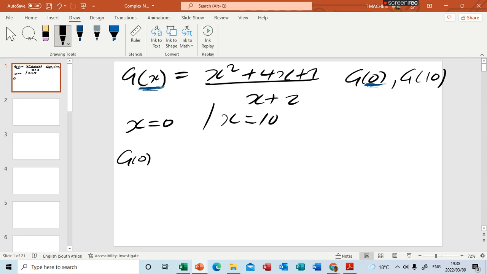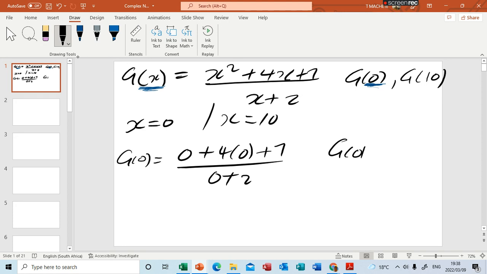So you're going to say g of 0 is equal to 0 squared plus 4 into 0 plus 7 over 0 plus 2. Then g of 10, you do the same. You're going to say 10 squared plus 4 times 10 plus 7 over 10 plus 2.